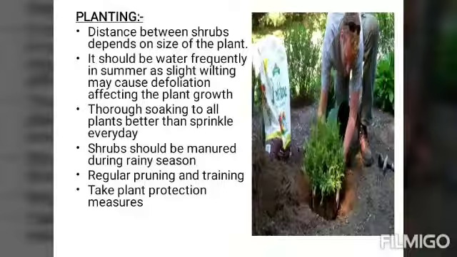Tall and bushy shrubs are planted at a distance of 1.5 to 2.5 meters. And dwarf shrubs are planted with less spacing, at a distance of 0.5 to 1.5 meters.